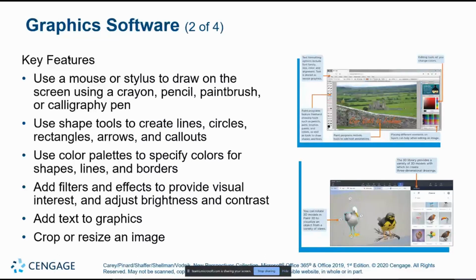You also have color tools. The color palette itself generally has access to the full RGB, that's red, green, blue spectrum. Those are your primary colors. And you set those values from 0 to 255 to choose your color. You have also, in some cases, access to HSL, which is hue, saturation, and lightness.